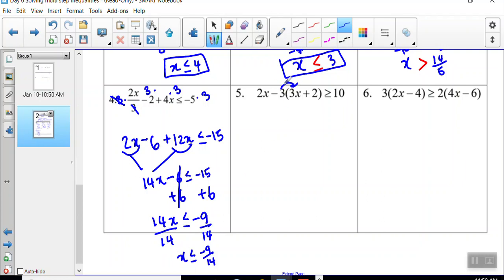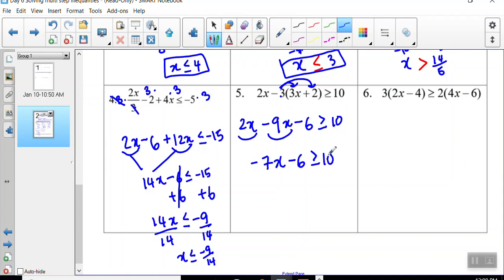Number 5, you have to distribute. So bring down 2x. Negative 3 times 3 is negative 9x. Negative 3 times 2 is negative 6. Greater than or equal to 10. And then combine these two: 2 minus 9, so negative 7x. Bring down negative 6, greater than or equal to 10.